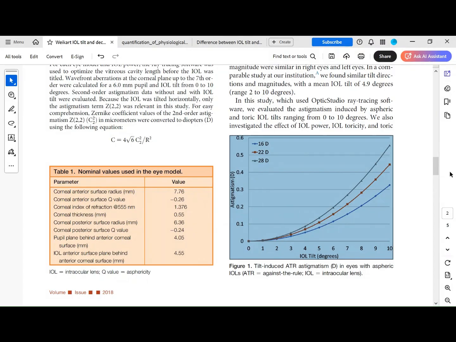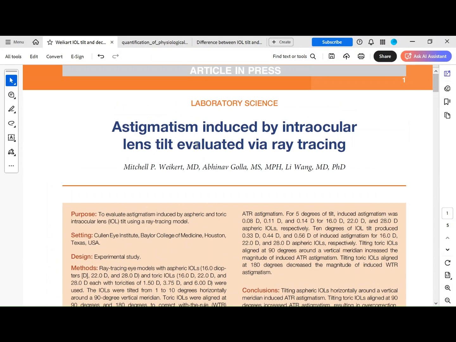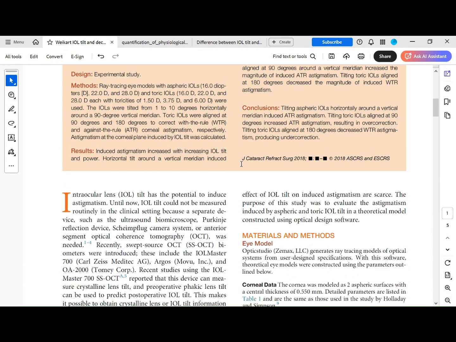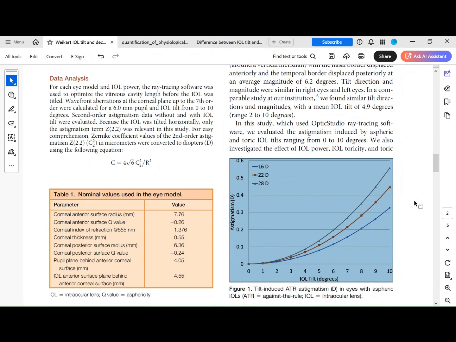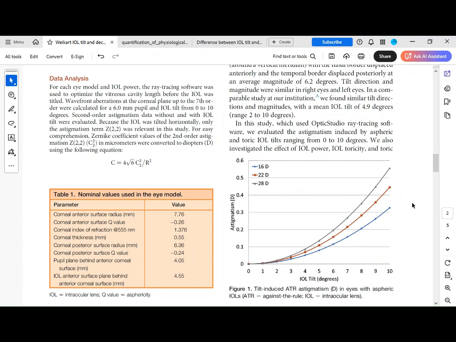Let me explain the Vaegge study, which thoroughly evaluated the impact of tilt on astigmatism with toric IOLs. If you go into this figure, you will see that the amount of astigmatism created with IOL tilt is dependent upon the power of the toric model. So a 28 diopter IOL, when tilted, will create more residual astigmatism than a 16 diopter IOL.